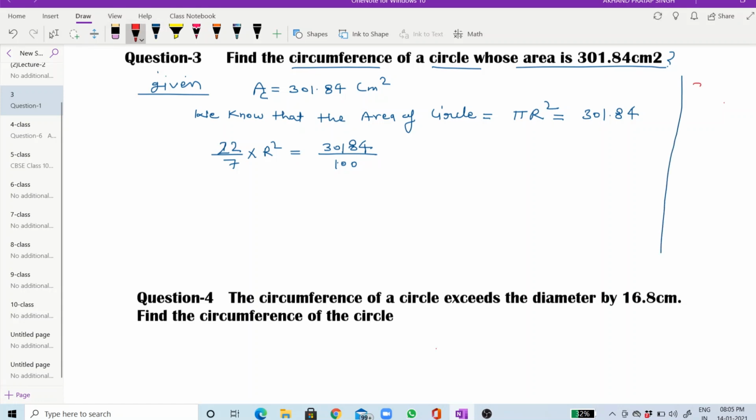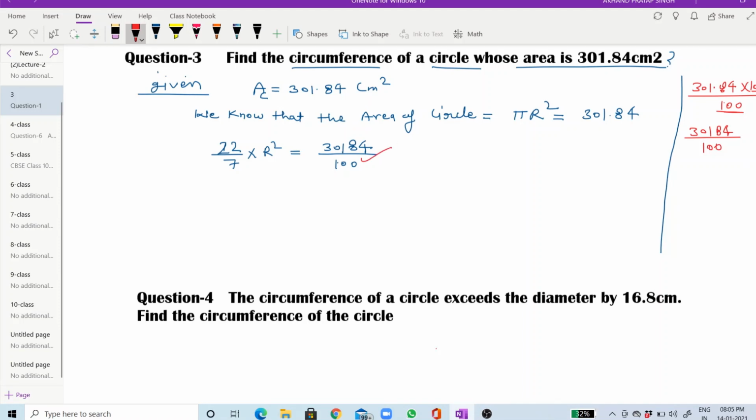So the value is 301.84, and if we multiply it by 100 and divide by 100, this 100 removes the decimal up to 2 places, so it becomes 30184, and this 100 stays in the denominator. So that's why the value comes here.